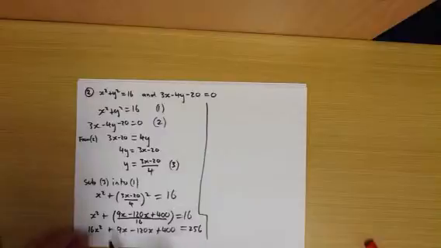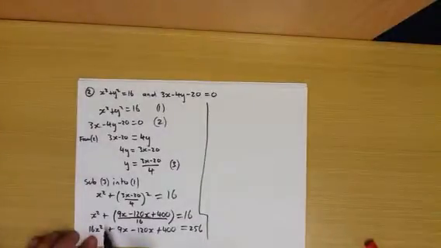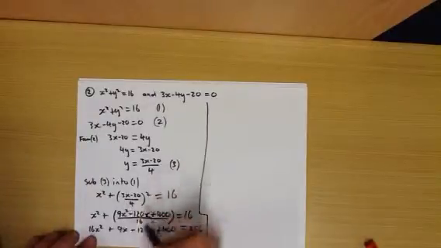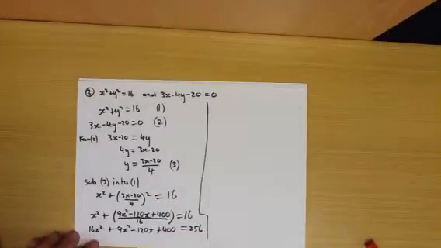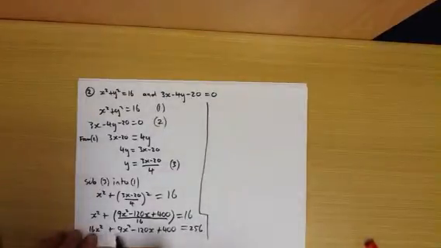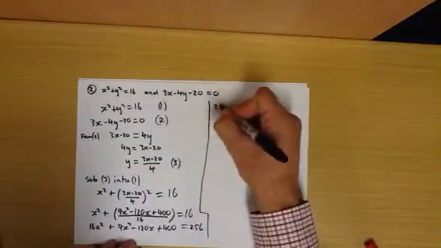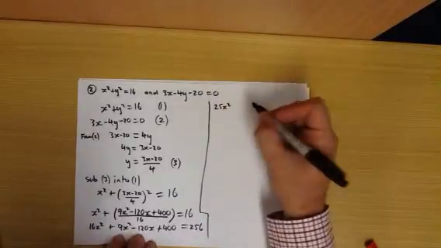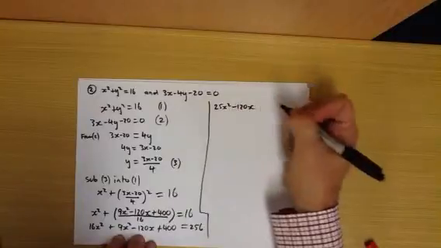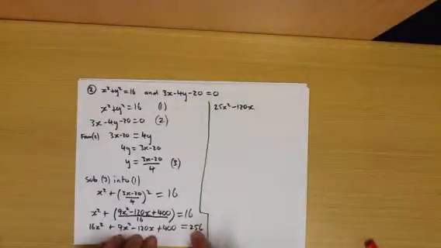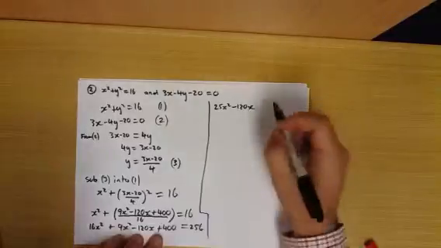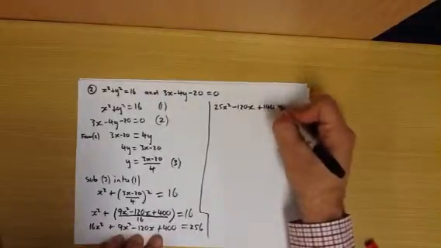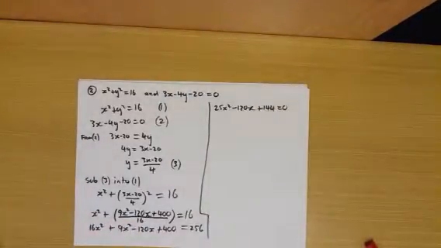I'll just collect like terms. 16x squared plus 9x squared is 25x squared minus 120x. Now, if I bring the 256 over to this side, I get plus 144 equals 0.